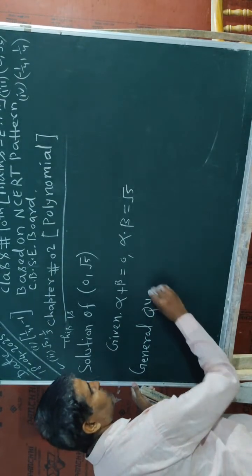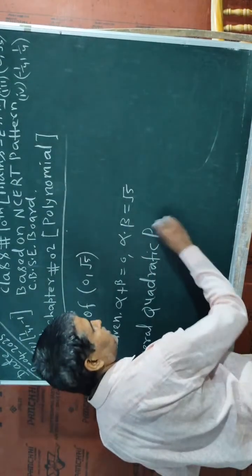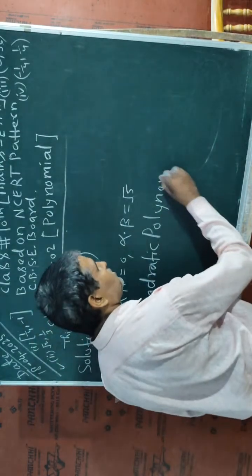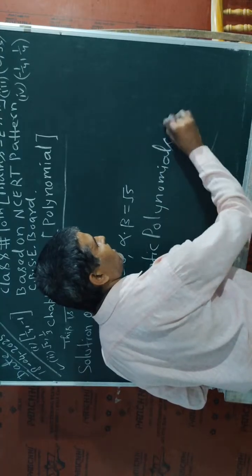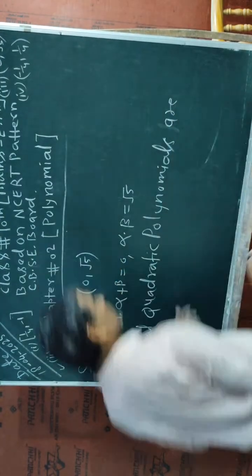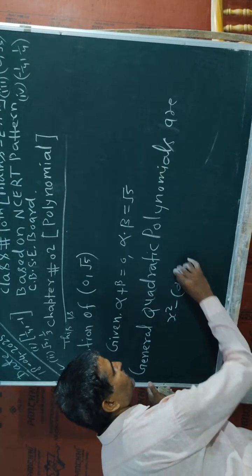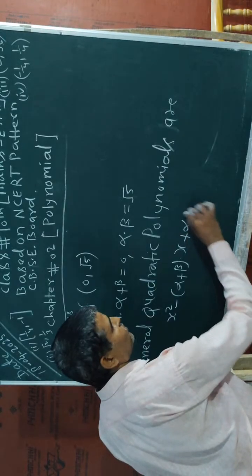Here I will write general quadratic polynomial. The general quadratic polynomial is x square minus alpha plus beta into x plus alpha into beta.